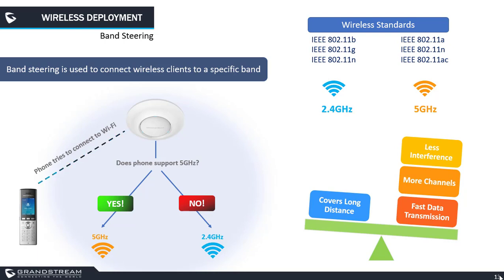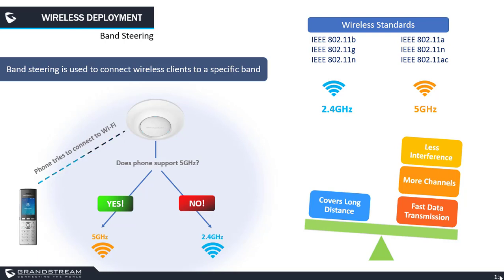It allows administrators to adjust which band to prioritize, either 2.4 or 5 gigahertz, when wireless clients try to connect to the access point. Or you can just tell the AP to load balance between the two bands.